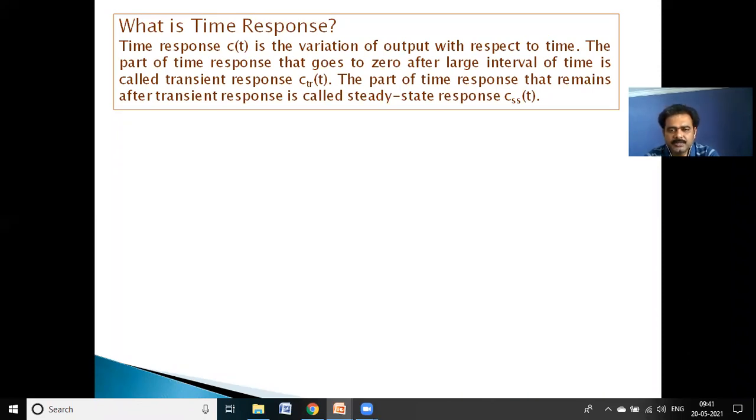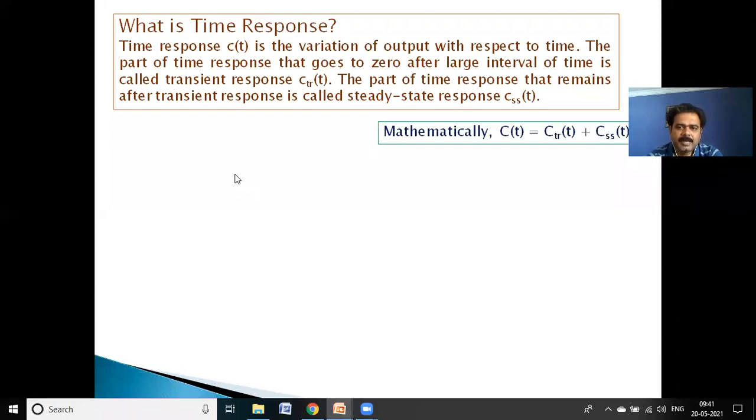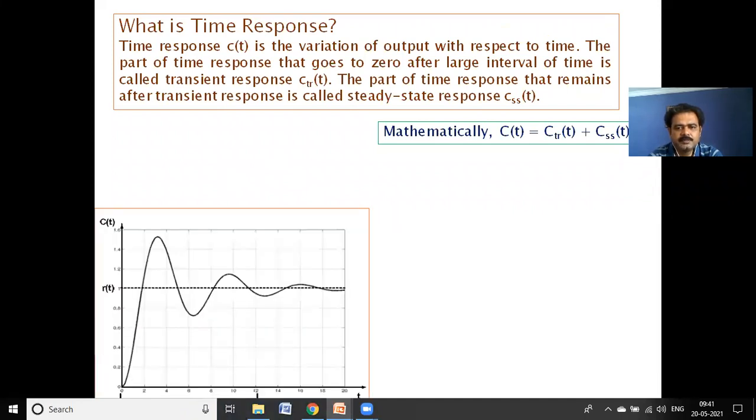That period is called the transient period. This transient period dies after a certain time. The part of the response which remains after the transient period is called the steady state response. So we have to study the complete response of the system. Mathematically that can be represented as C of t equals the transient response plus the steady state response.